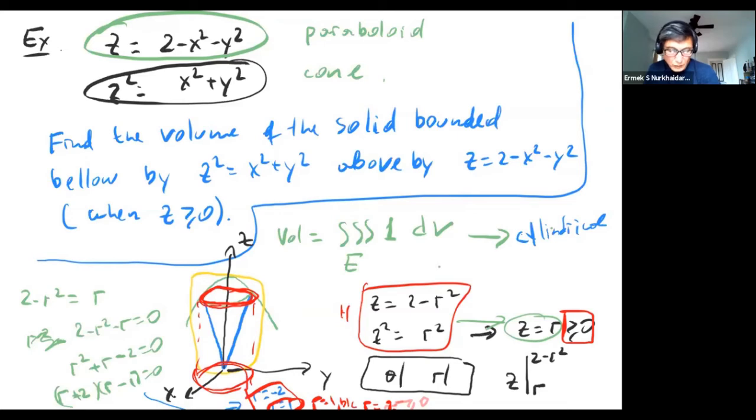So the limits for r are from 0 to 1. And because we have a full circle on the xy plane, the limits for theta are from 0 to 2 pi.